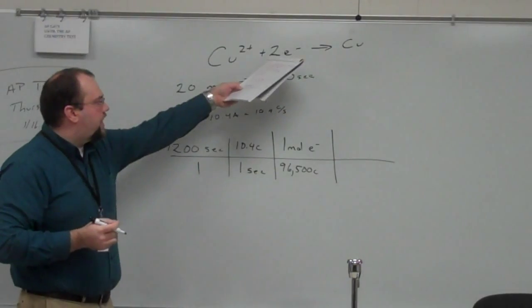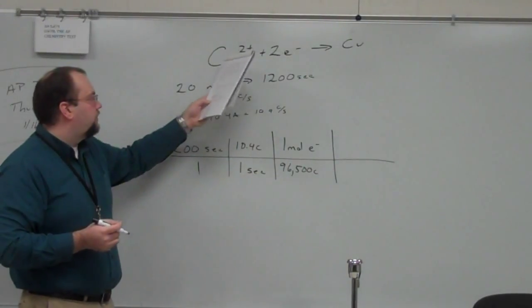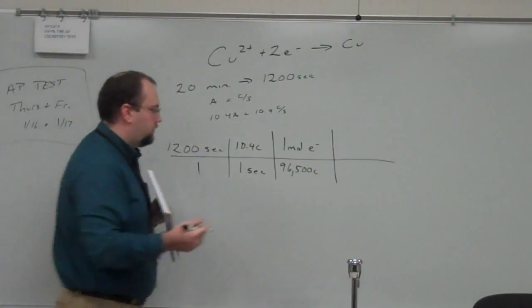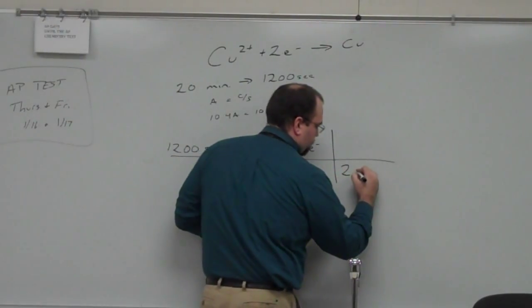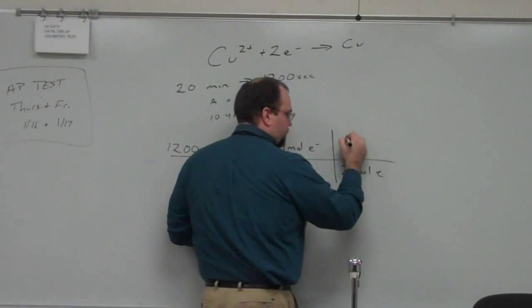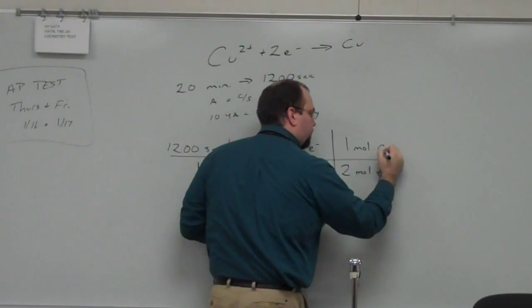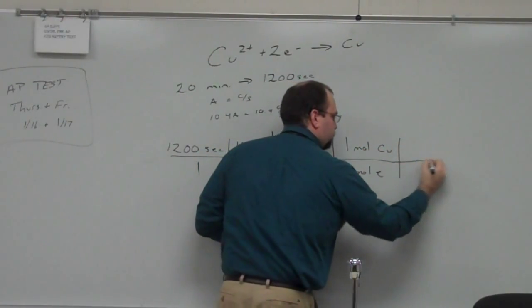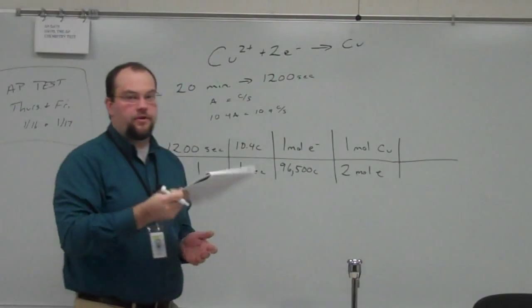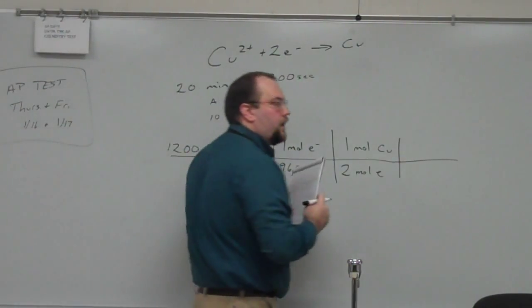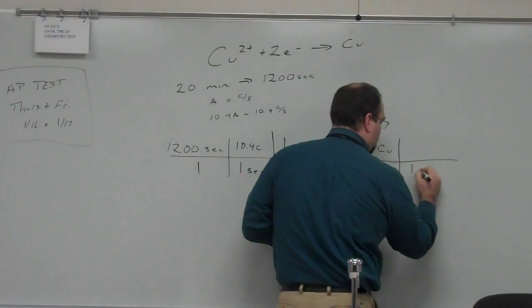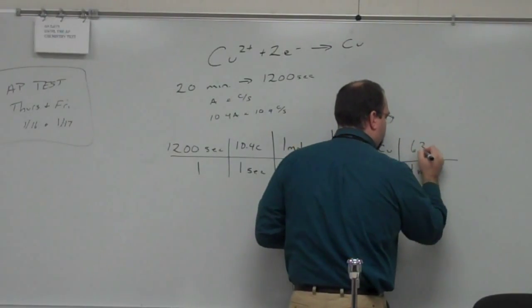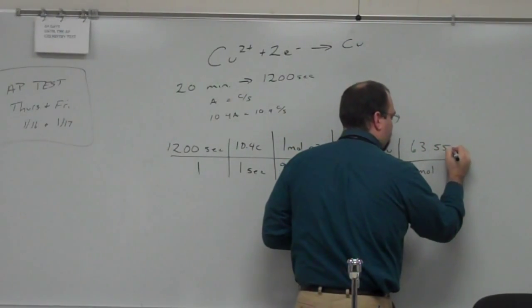From my balanced equation, I know it takes 2 moles of electrons to convert 1 mole of copper. And last but not least, from my periodic table, I know that 1 mole of copper weighs 63.55 grams.